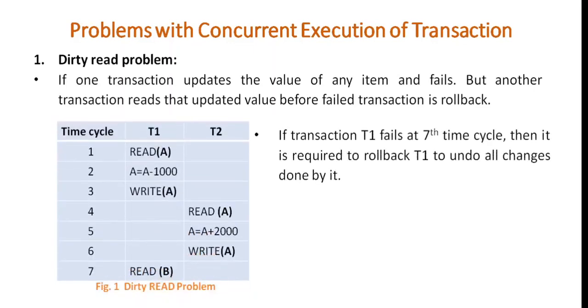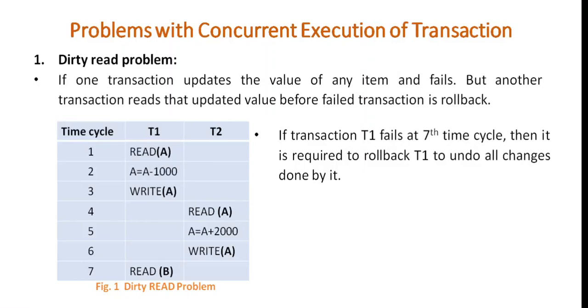For example, here we have two transactions, transaction T1 and transaction T2, and the time cycle is also mentioned here. In transaction T1, it is reading the value of account A, deducting amount 1000 from account A and writing the updated value back to the account.